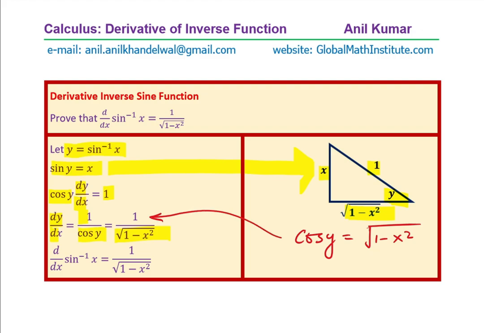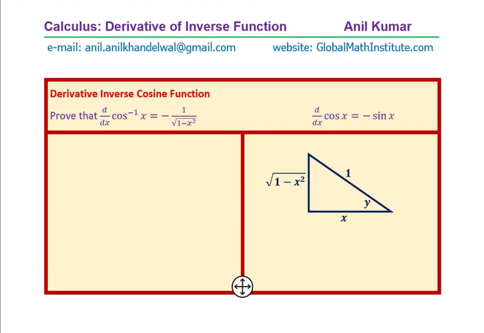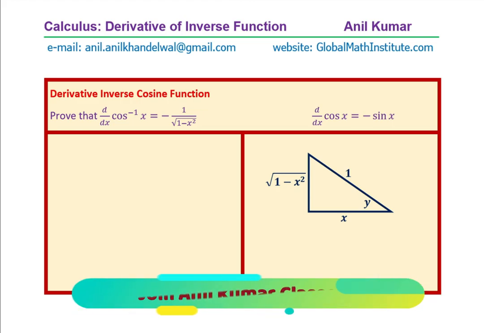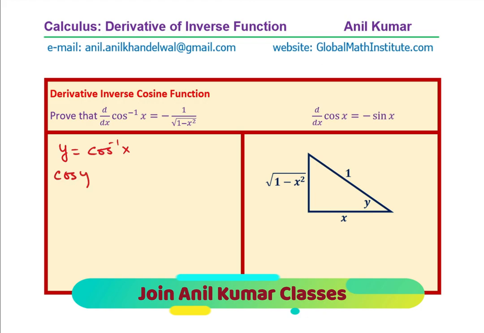Perfect. Now let's look into the cosine derivative, right? We'll follow exactly the same steps. In fact, the same steps will be followed for all the 6 trigonometric inverse functions, right? So we have this, let y equals to cos inverse x, right? So that means cos y equals to x.